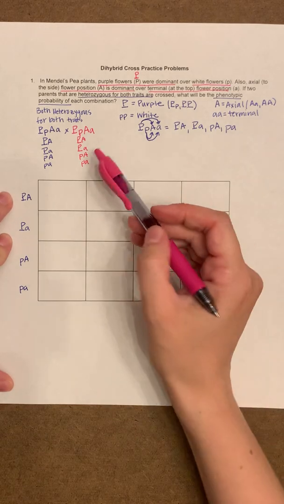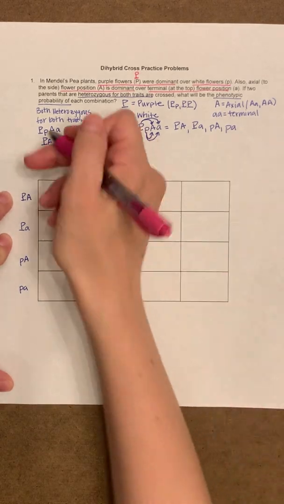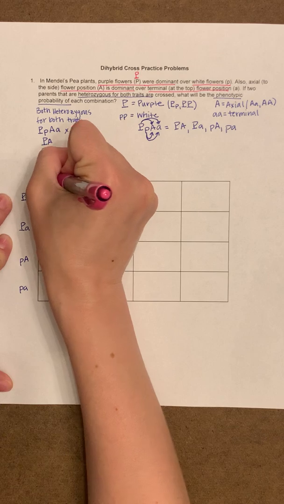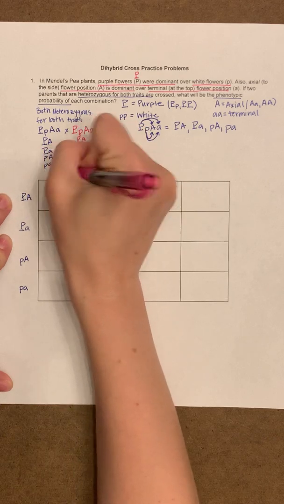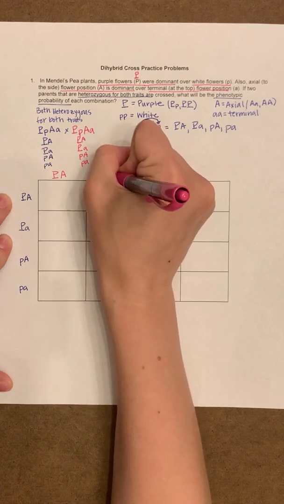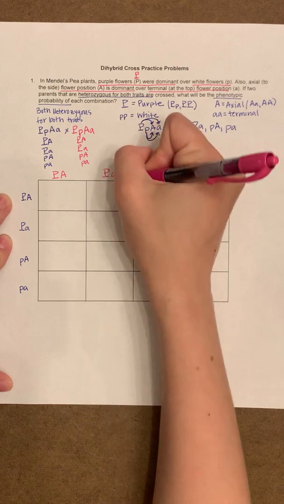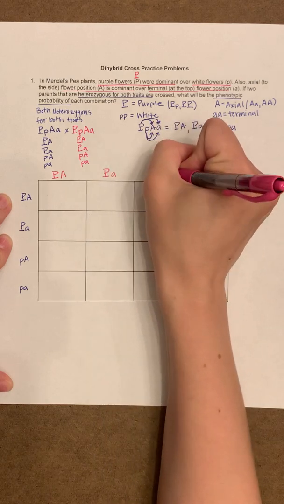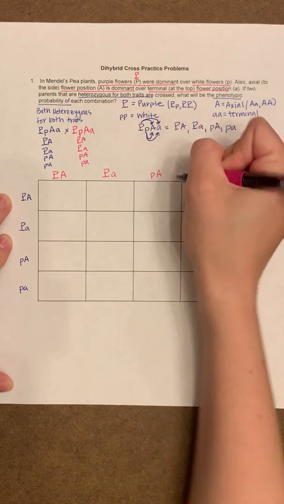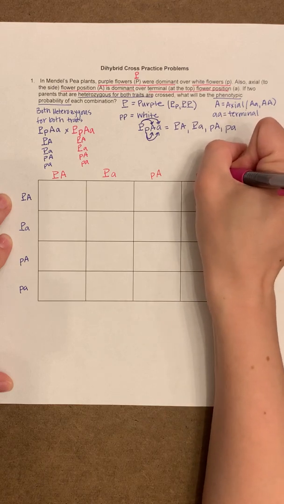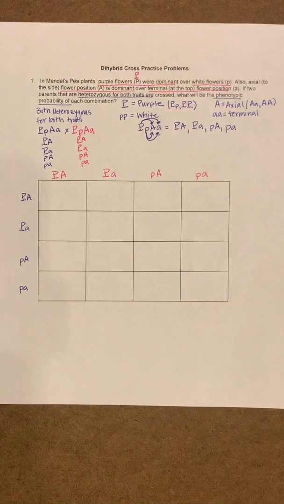And I'm going to list my pink gametes on the top. And there I have them listed. Now, all I need to do is fill in my Punnett square just as I did when I had 4 possible alleles, but I have a lot more squares now.